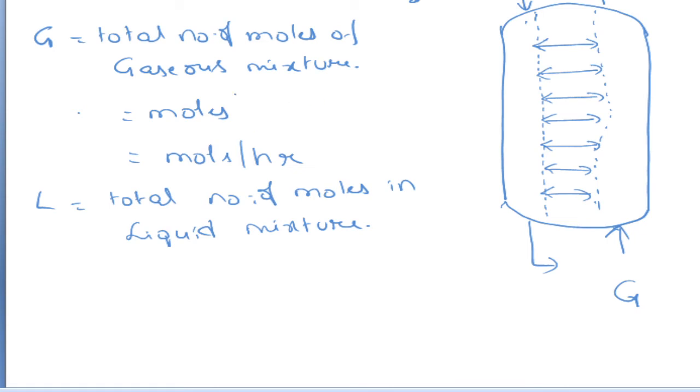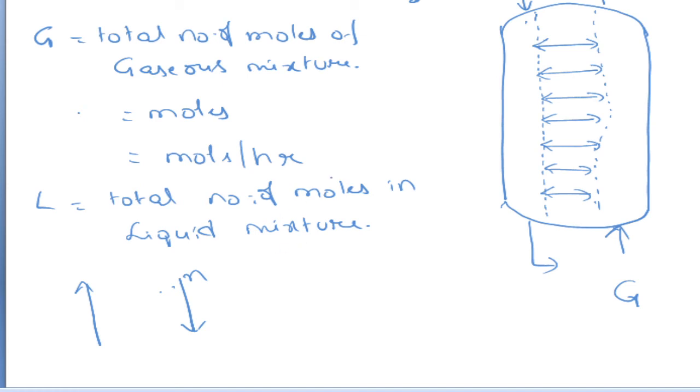That means the number of moles in G keeps on decreasing as it flows from bottom to top, because the solute is being absorbed by the liquid. So as you go from bottom to top, the number of moles in G decreases.